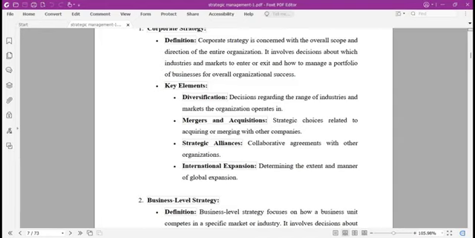Acquisitions also have a similar dimension. The bigger one acquires the smaller ones. Of course, there will be an MOU.